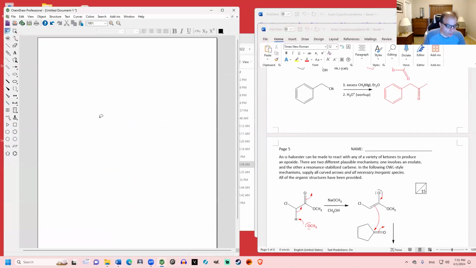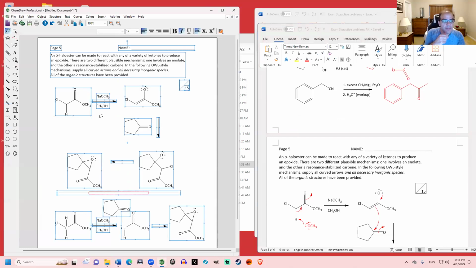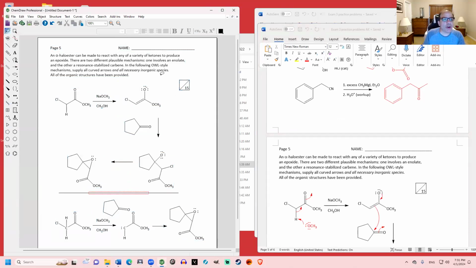So the final question, the online homework we used in those days was called OWL. OWL style mechanisms and active style mechanisms are the same. They're asking for two different mechanisms to go from this alpha chloroester plus this ketone to the epoxide.